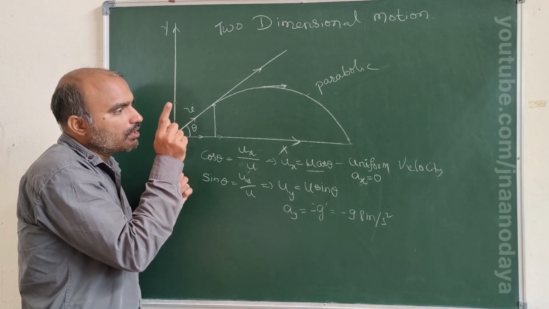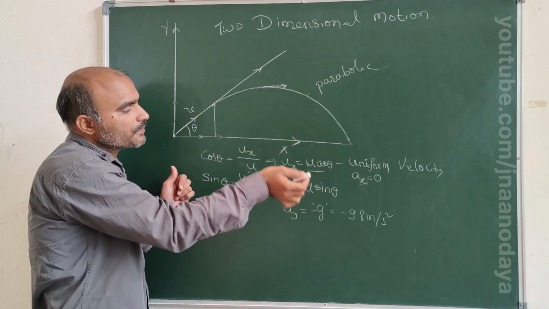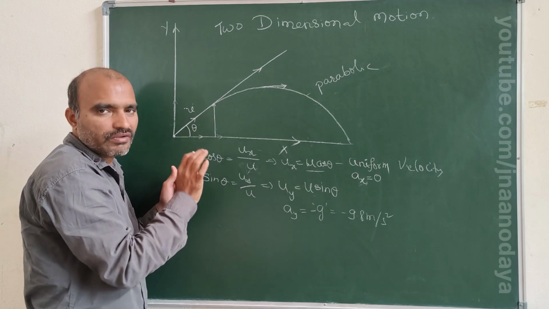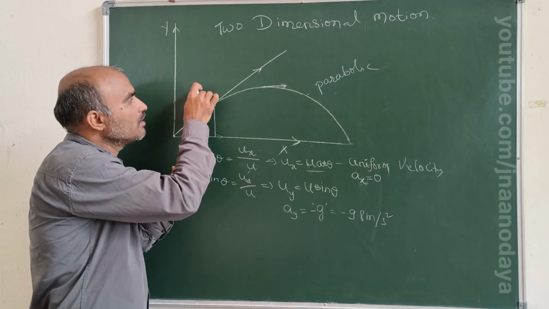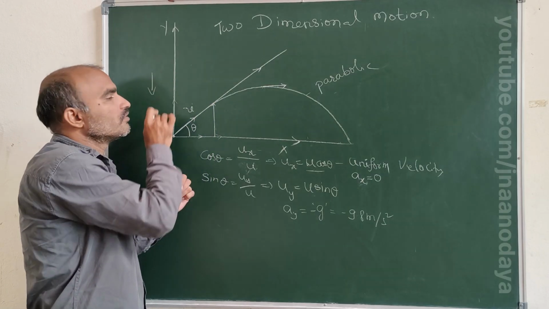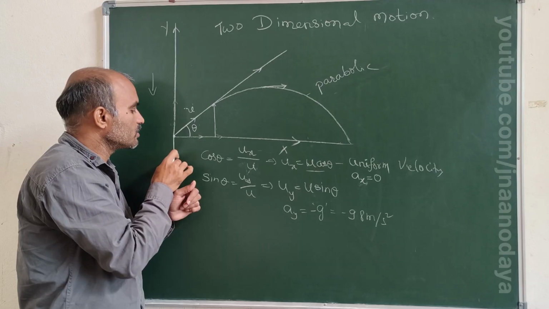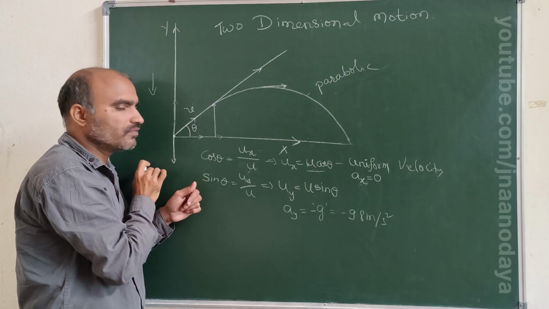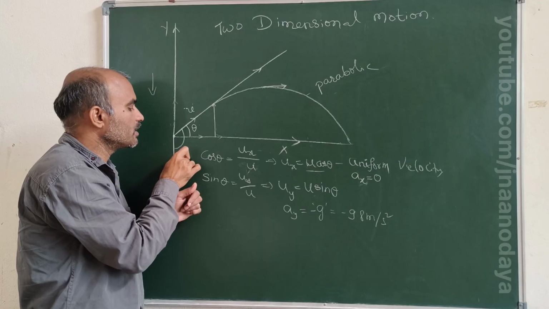Now, whatever direction the object is traveling, the direction of acceleration will always be vertically downwards. So that is why at this point also the direction of acceleration will be downwards, and this angle is 90 plus theta.